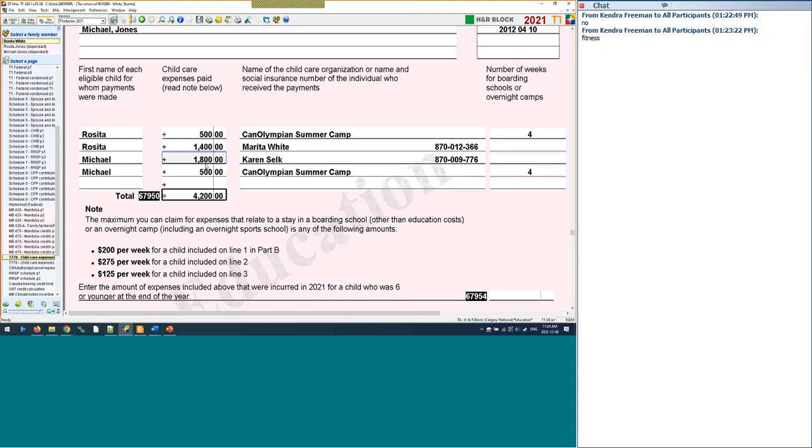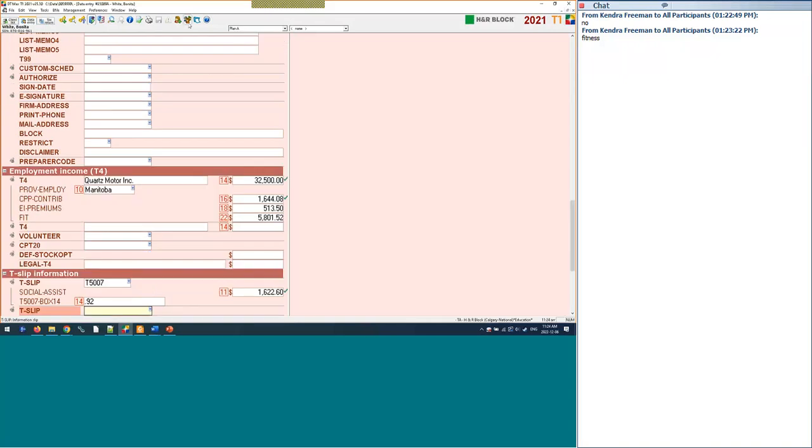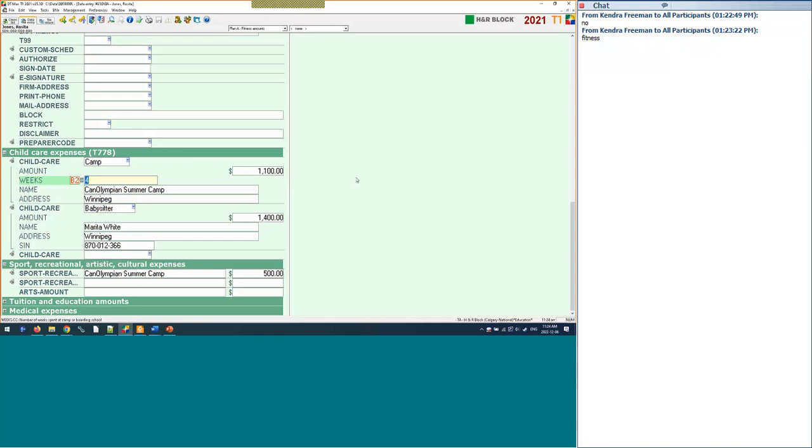That gives me room to play with the fitness amount. You have to claim it as childcare first, and anything that can't be claimed as childcare, we can give to the fitness amount. So after I had done this, I went into the data entry for Rosita and said, I have $500 to play with.